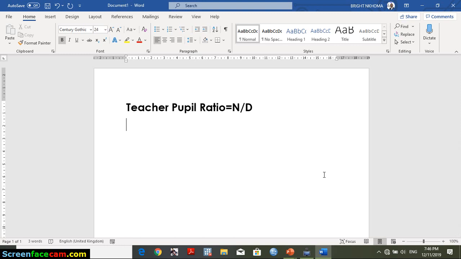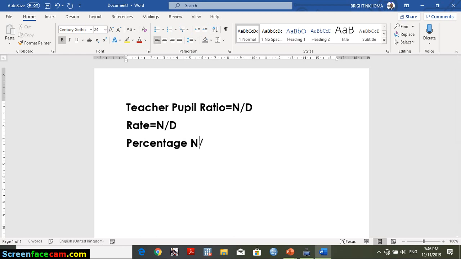Then the next one should be what is called a rate, which has also got the numerator and the denominator. Then there is a percentage. It just simply talks about the rate, but you multiply by 100.